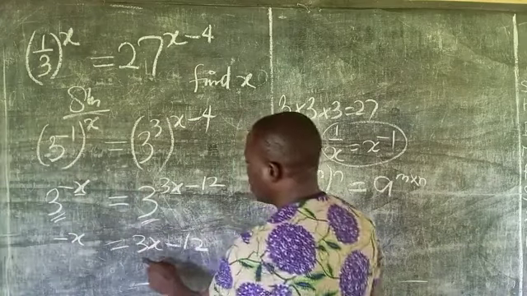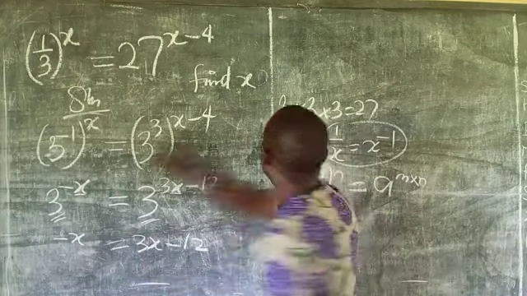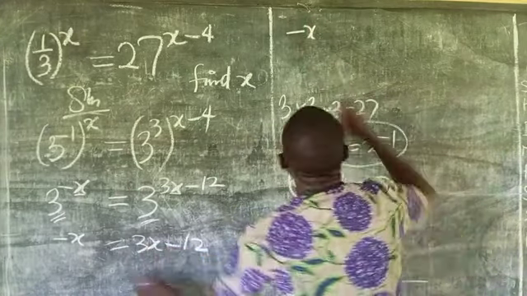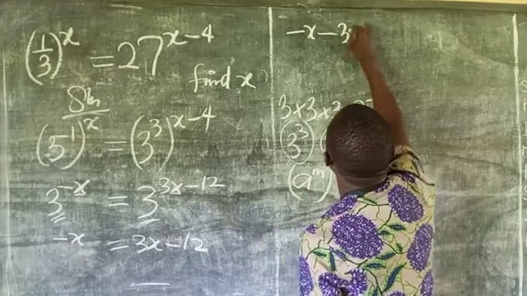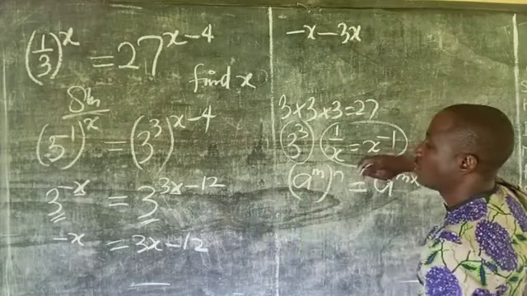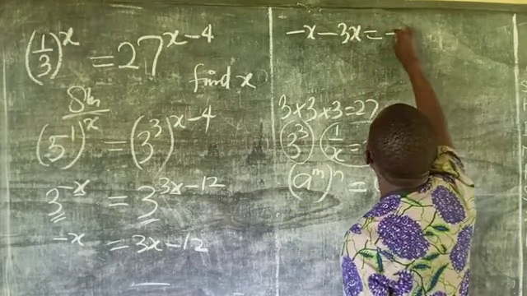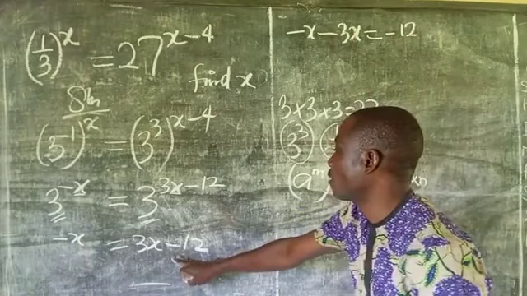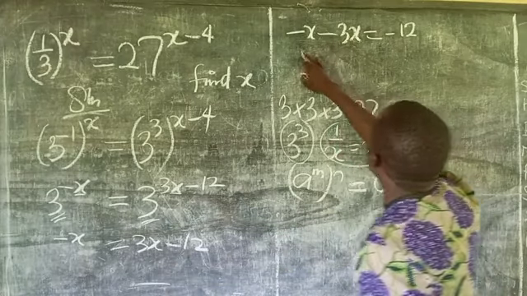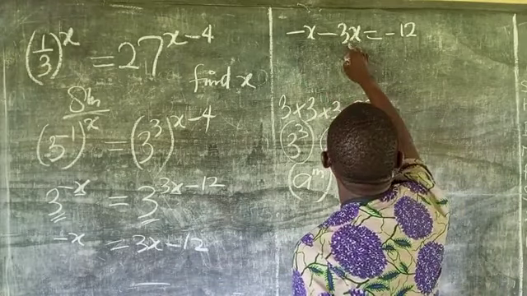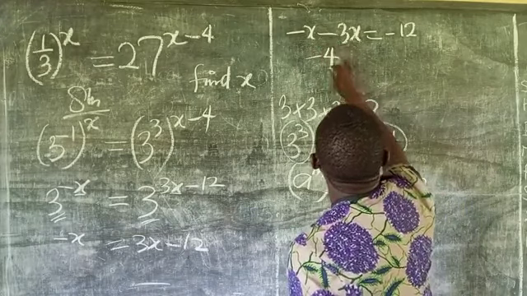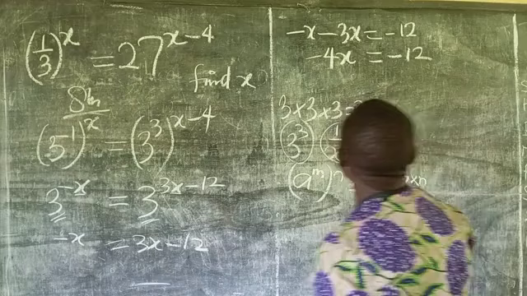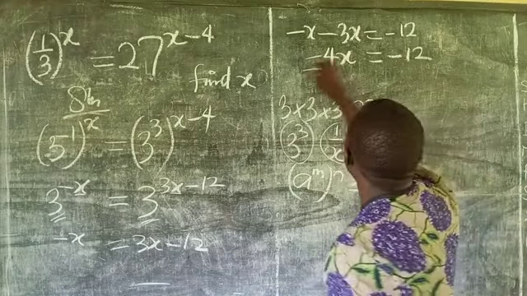If we bring the term that contains x to one side, I will have minus x first. And if 3x crosses to this side, it will be minus 3x, and we are left with minus 12. Don't forget about the minus. So we have minus x minus 3x, which is minus 4x, equal to minus 12. I'm going to divide through by minus 4 on both sides.